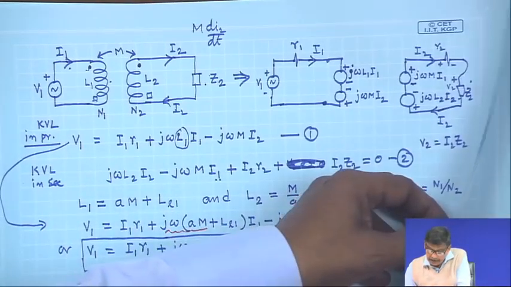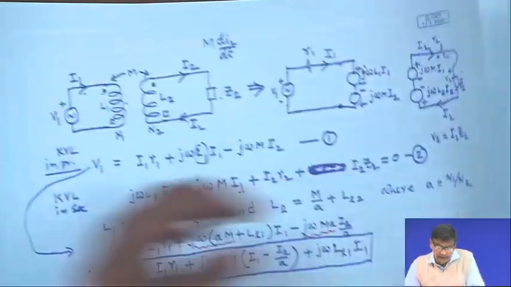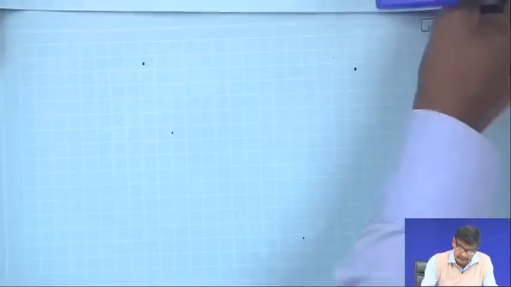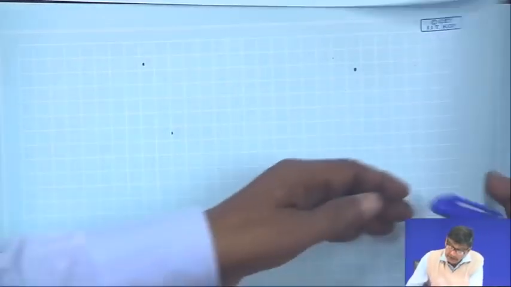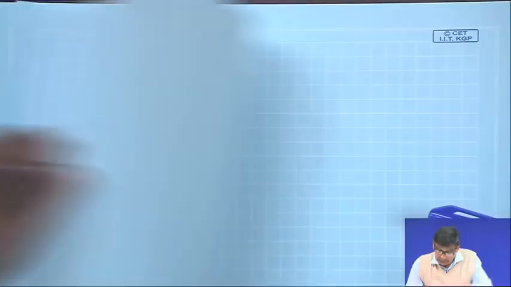Now, let us similarly play with the second equation, that is the KVL equation of the second coil, which we have already got.